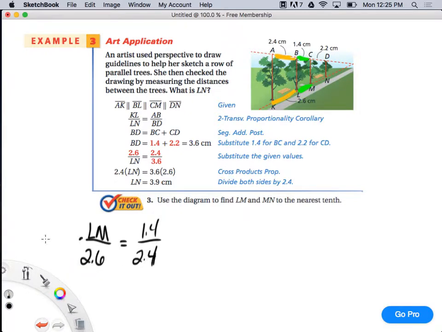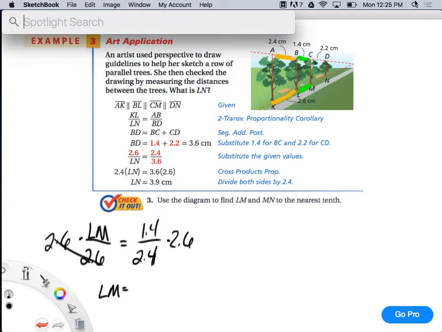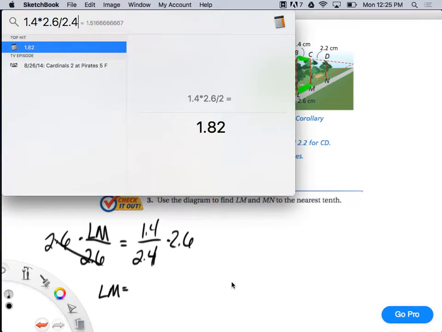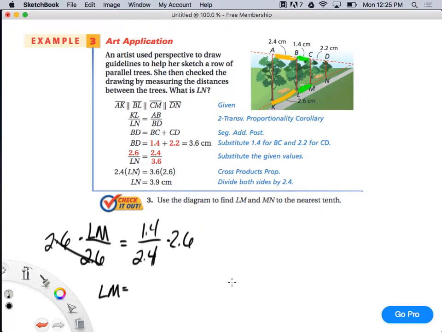Then I multiply both sides by 2.6, and I get LM equals 1.4 times 2.6 divided by 2.4, which is approximately 1.5.